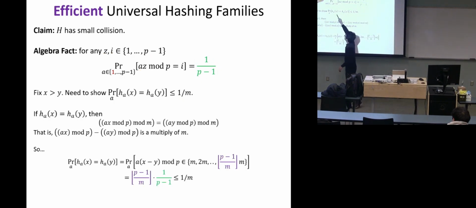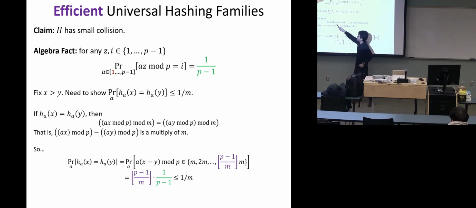So let's analyze the event when these are the same. If these two are the same, it means that this whole expression, which is the definition of h_a(x) and h_a(y), is the same.